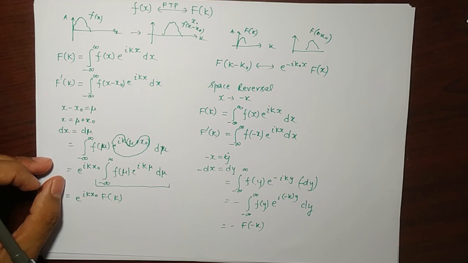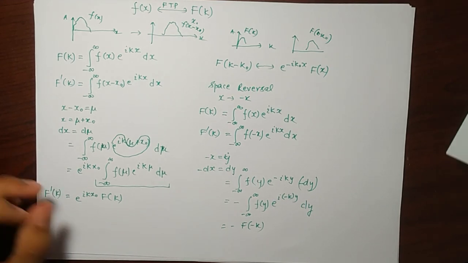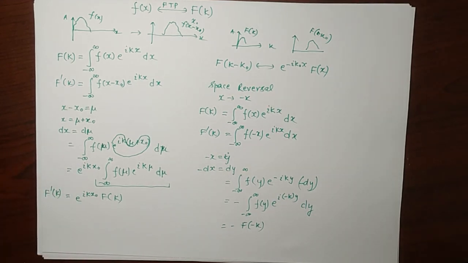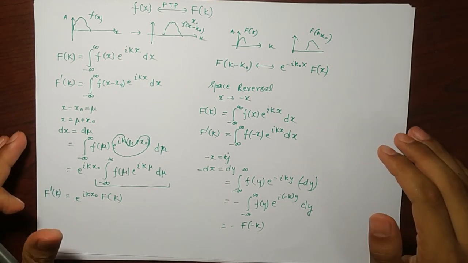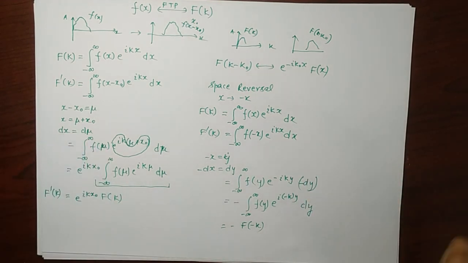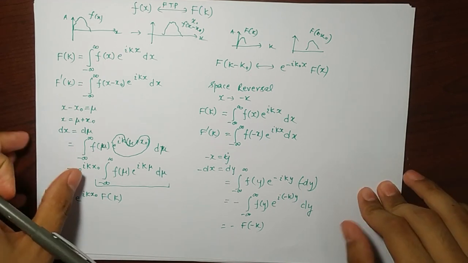Okay, so what next? We can also scale up the axis or shrink down the axis. So for that, let us see. By scaling, what I really mean is something you will encounter again and again in this series of videos.